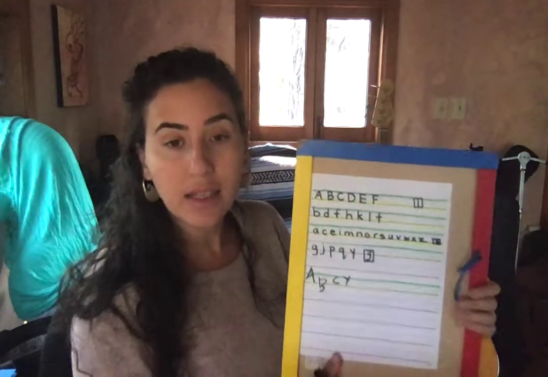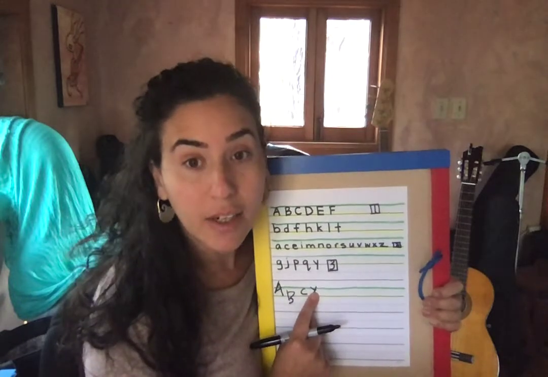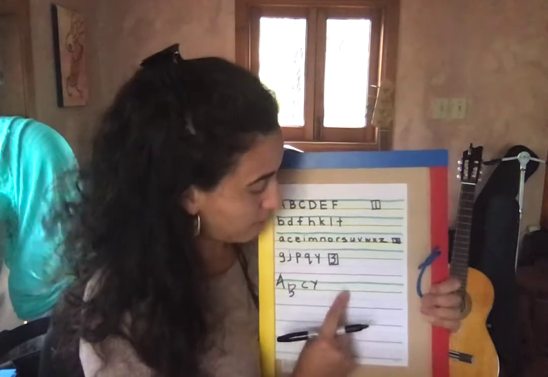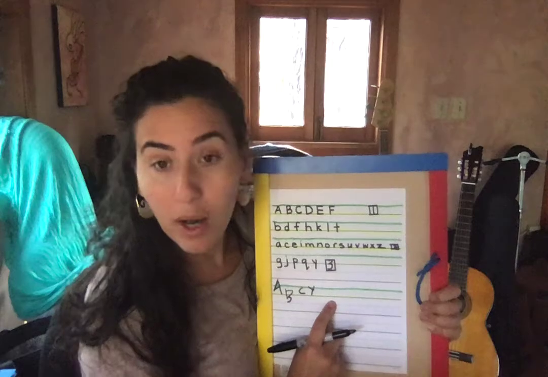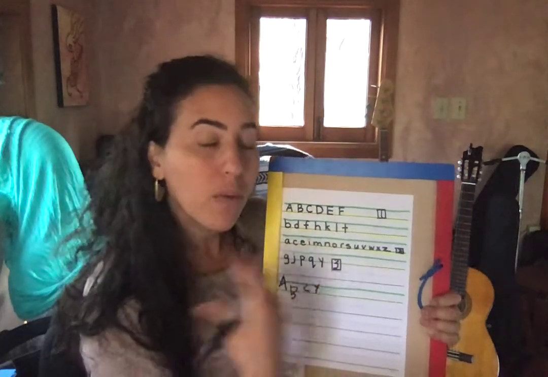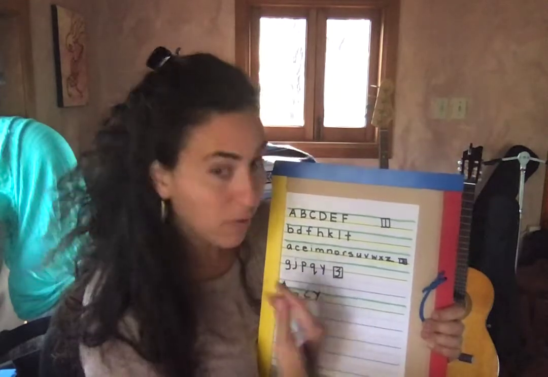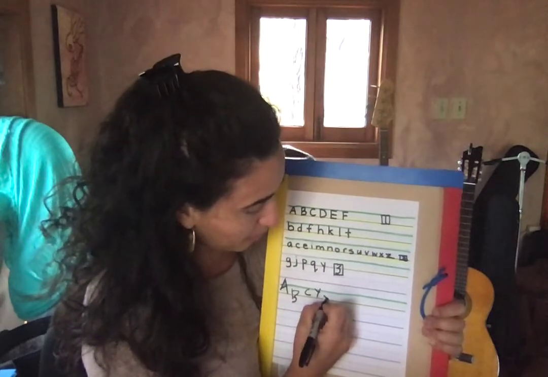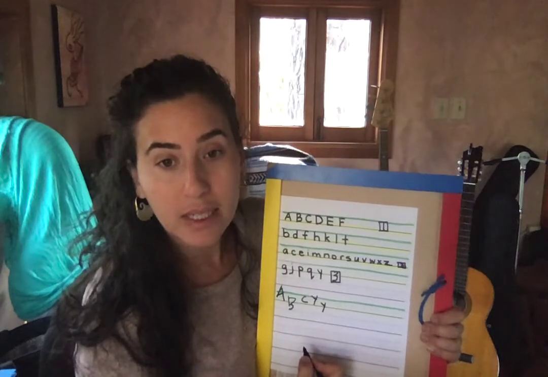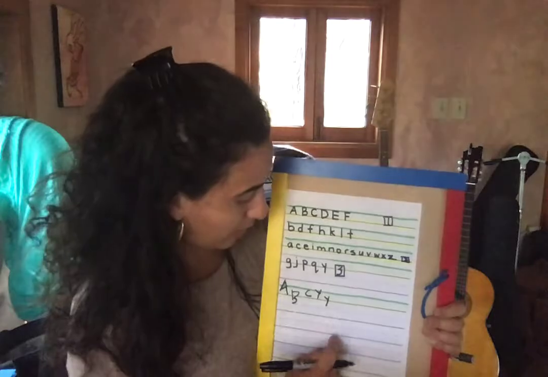So you can ask them, okay, this y is a size 3 letter. Size 3 letters touch the middle and go under the bottom line. Is it in the right place? And when they begin to know size 1, size 2, size 3, and they visualize it, they're able to self-correct more easily and bring their y to the right place for a size 3 letter.